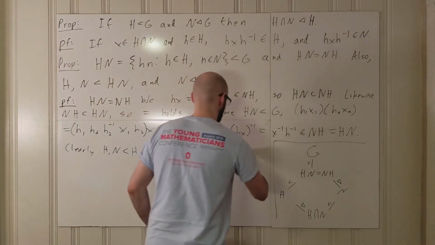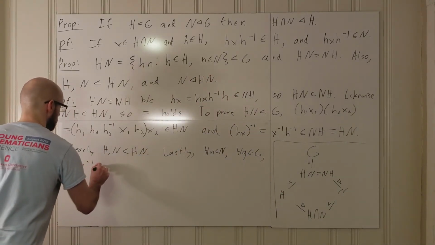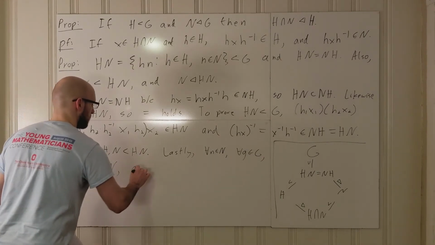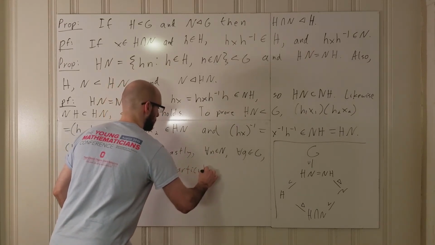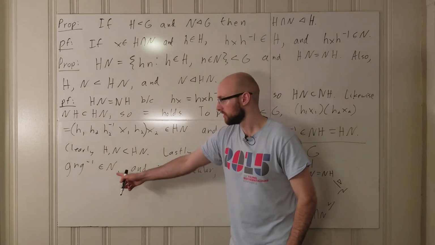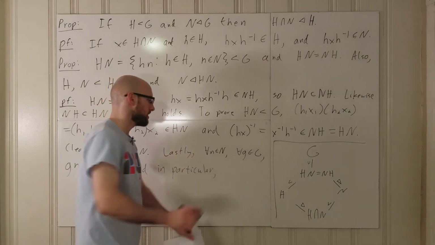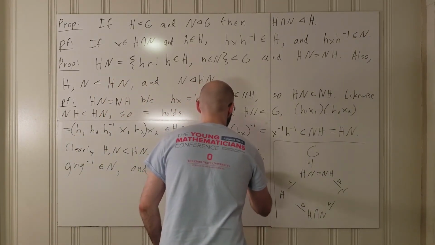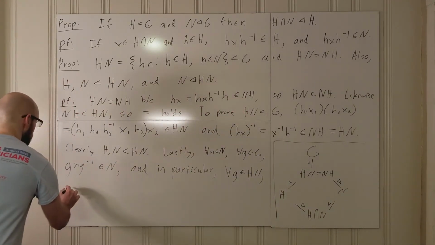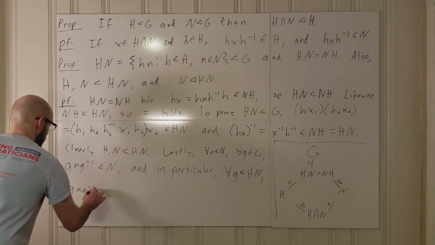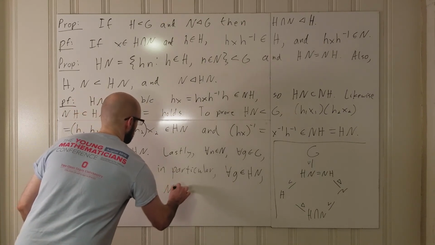For all n in N, for all g in G, we know that g n g inverse is in N. That we know because of normality of N. And so in particular, if instead of for all g in G, we say g in HN, we have g n g inverse is in N. And so N is normal in HN.